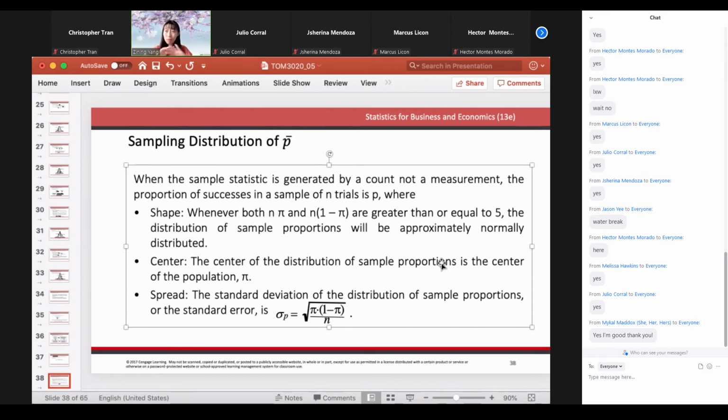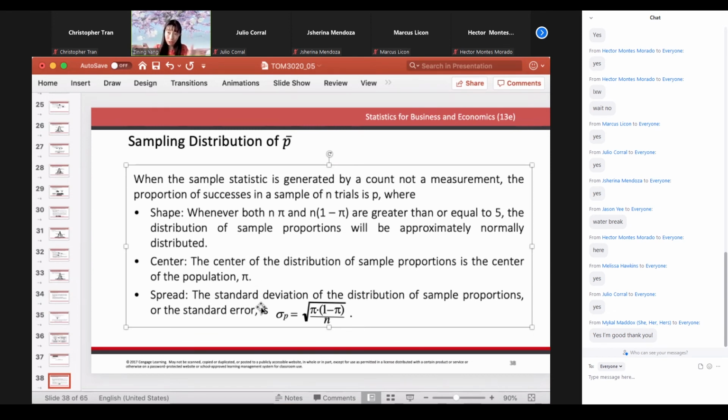We got all different sample proportions. So we take the mean of the sample proportions, and that center should equal the population proportion. That's the center of the sampling distribution of proportion.